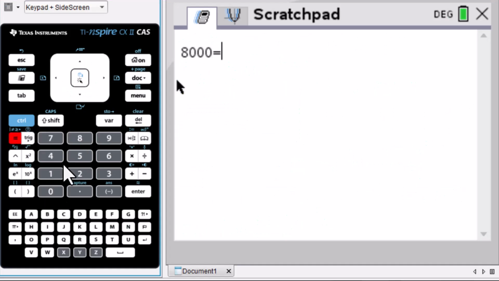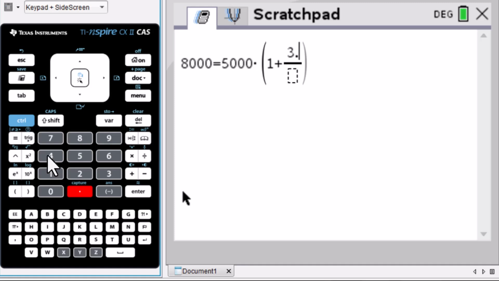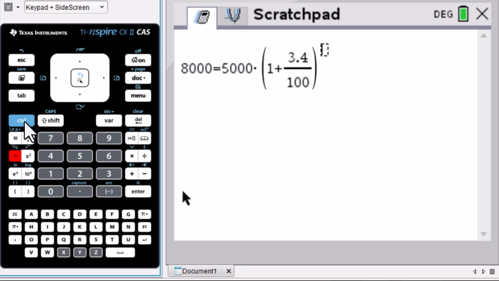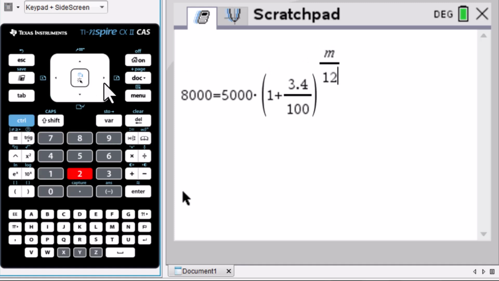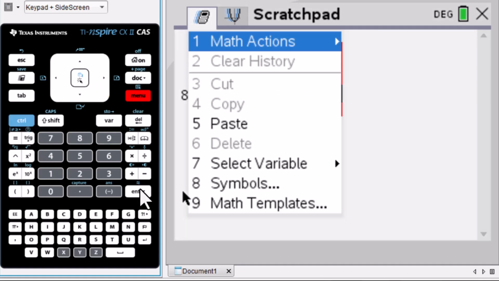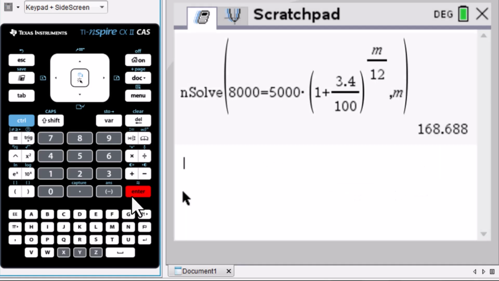$8,000 equals $5,000 times parentheses 1 plus 3.4 over 100 times 1, we don't have to write, to the power of M divided by 12 as the power. Then control menu, enter. We got M equals 168.688.